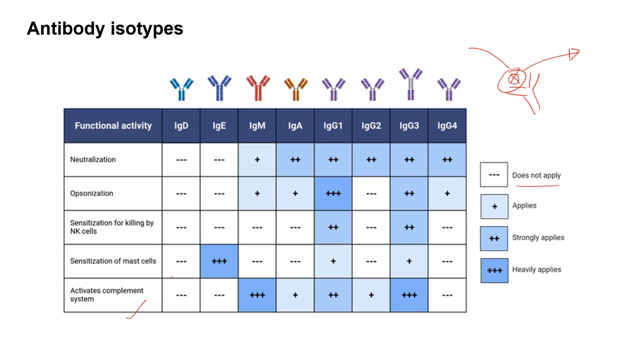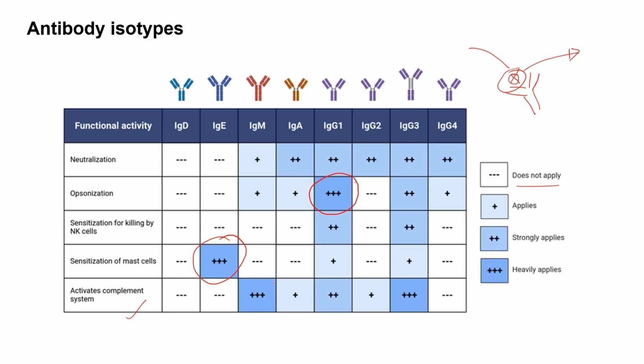Definitely, if it comes to sensitization, we can directly concentrate our discussion towards IgE. When it comes to opsonization, this is mostly done by the IgG1 molecule. So we will just highlight something which is strongly there.